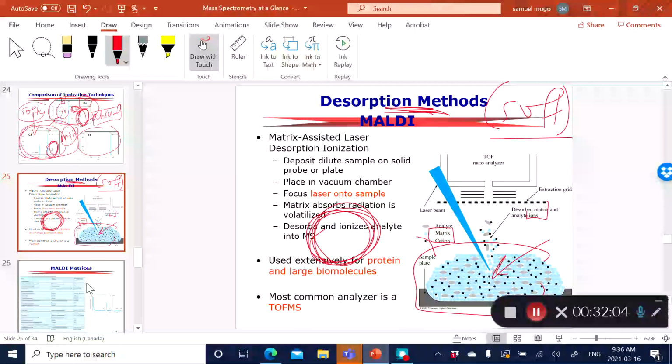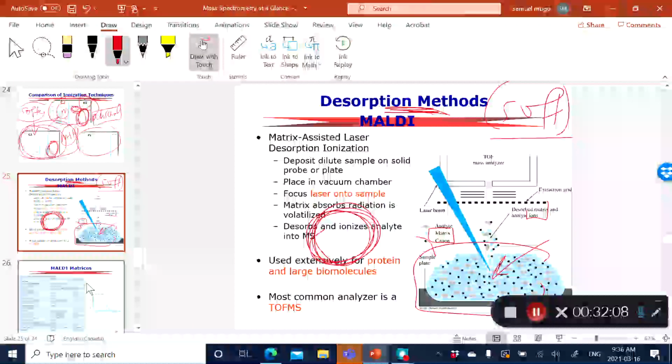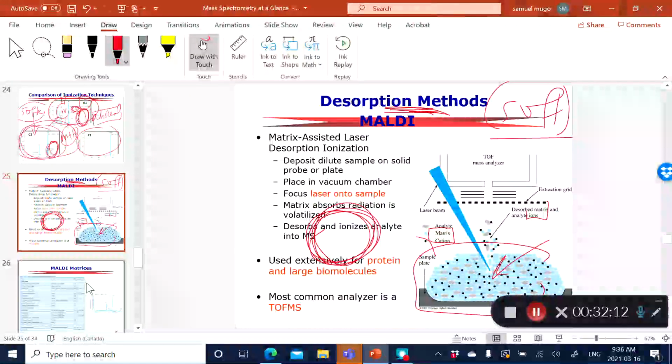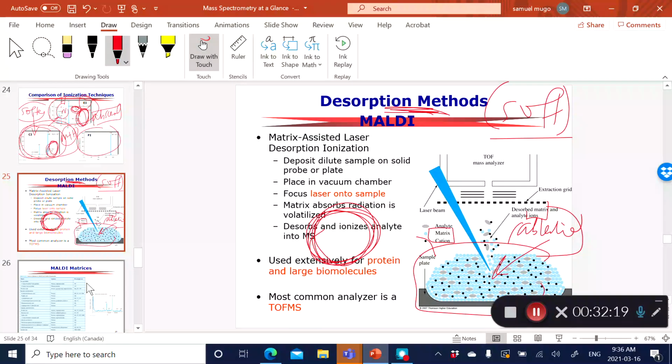You dry it. After you dry it, you shine a laser beam onto that sample. When the laser hits the sample, it gets ablated, and at the same time, it gets ionized as well.